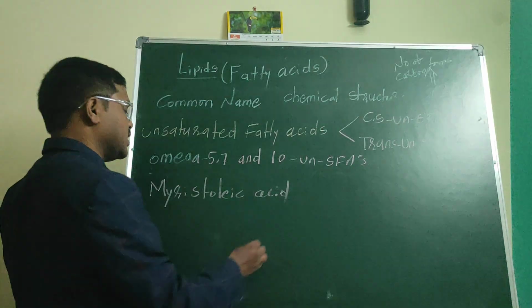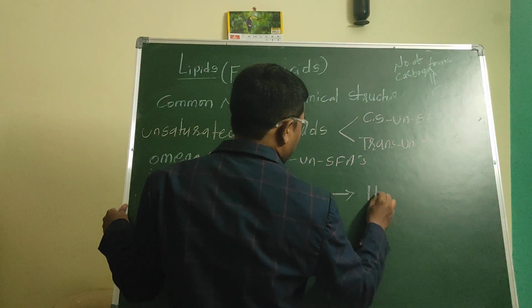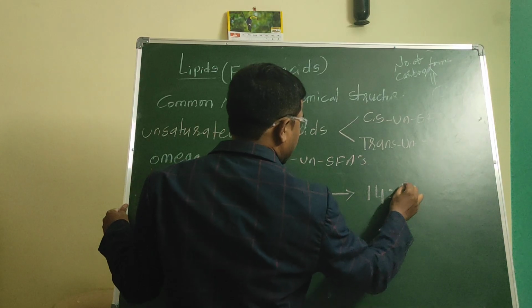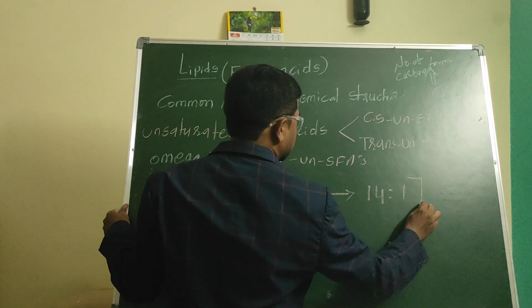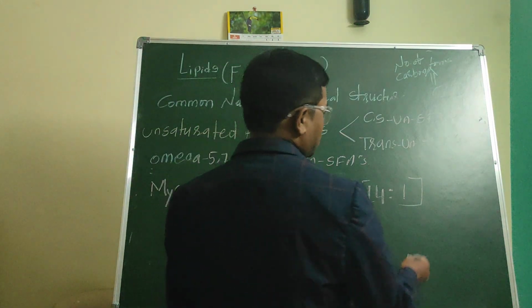Myristoleic acid is one of the omega-5, 7 and 10 unsaturated fatty acids. The number of carbon atoms in myristoleic acid is 14 and the number of double bonds is 1, and this is 6.